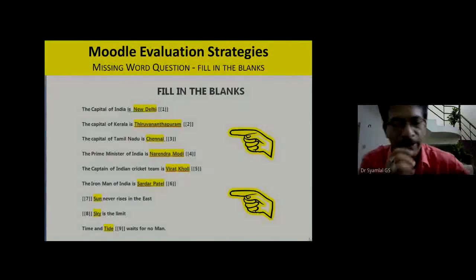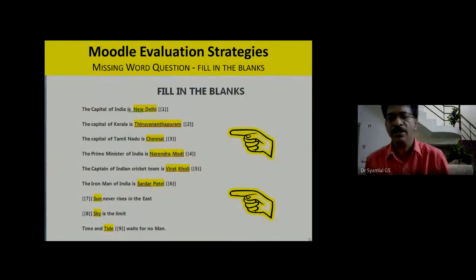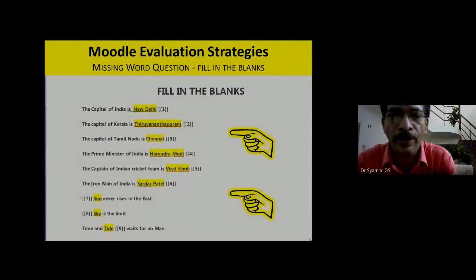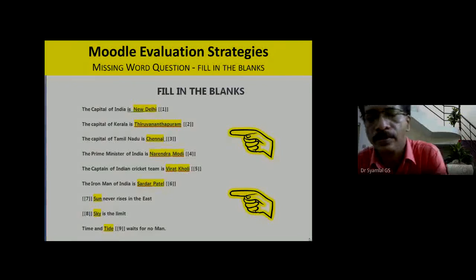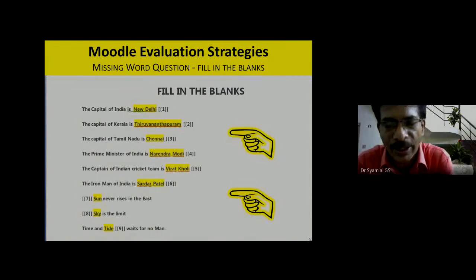Next one is question number 8. Bracket, number 8, close the bracket, sky is the limit. The last one, two are factuals. The above ones are names and the top 3 are places. Sun never sets in the east, not rises. Sorry.